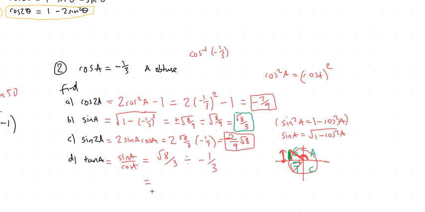GCSE, division of fractions, we flip the second one round. Root 8 over 3 times by 3 over 1, which just means they cancel. It's just negative root 8. So that should be correct for that one.